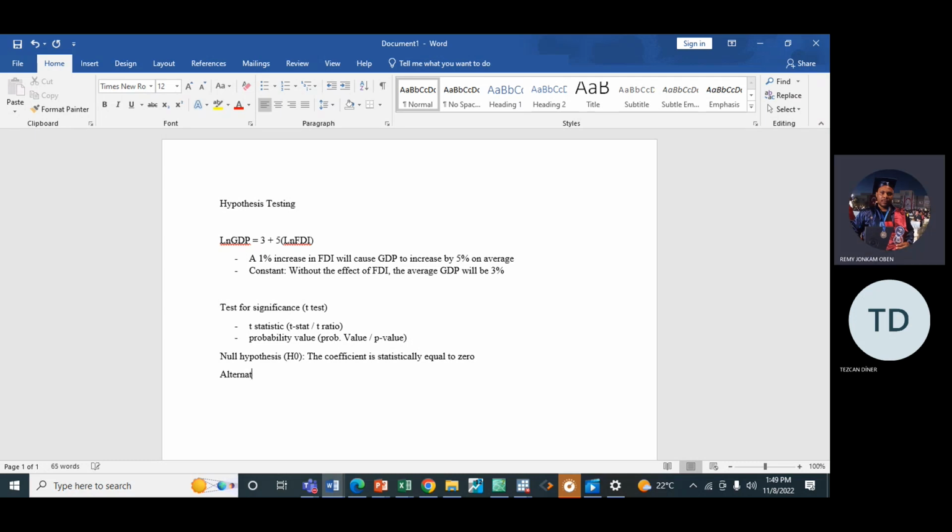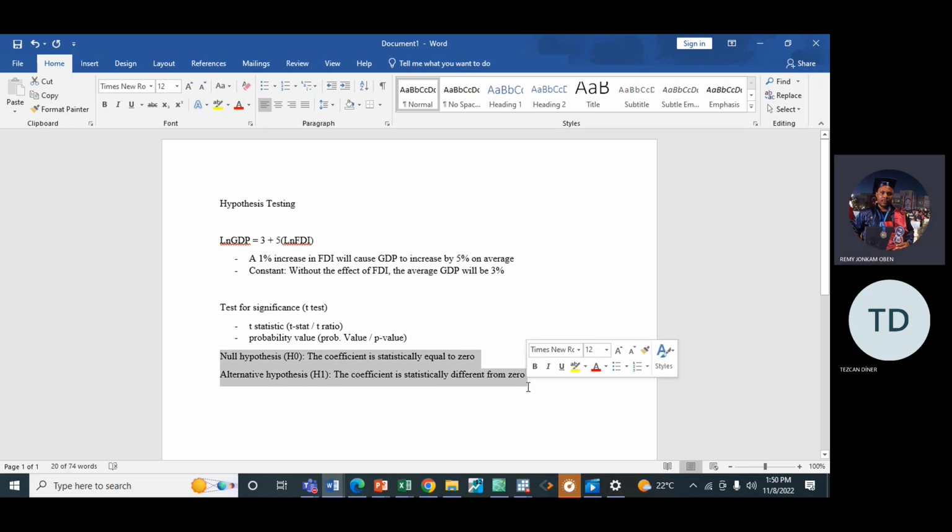And the alternative hypothesis, that is H1, is that the coefficient is statistically different from 0, right? So once we know the null and alternative hypotheses, we can perform the test using the t-statistic and/or the probability value.